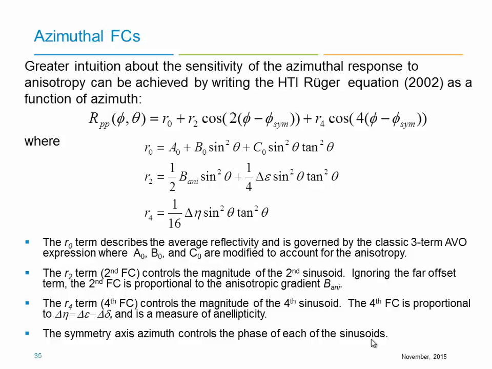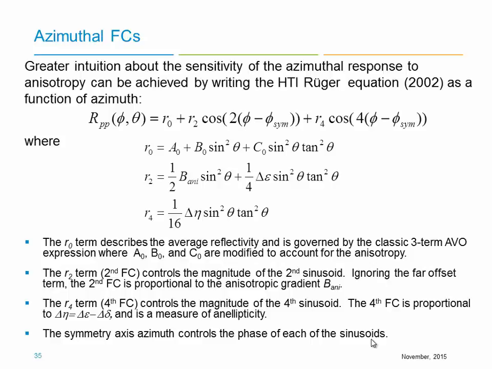And then the magnitudes, the 0th order or the background or average, that's just governed by the 3-term AVO expression. The 4th term, it turns out to be related to the change in eta. And eta is the anellipticity. So if a media is elliptical, you can describe it by its fast and its slow direction. If it's anelliptical, you need an extra parameter to describe the deviation from the ellipticity.